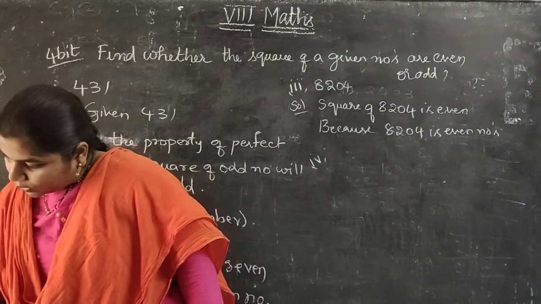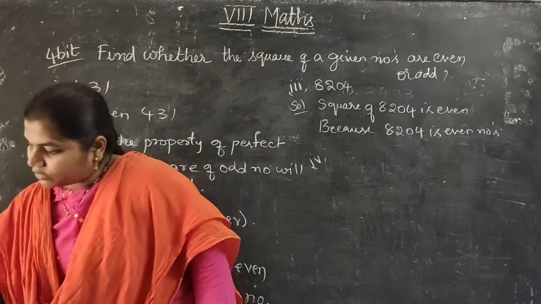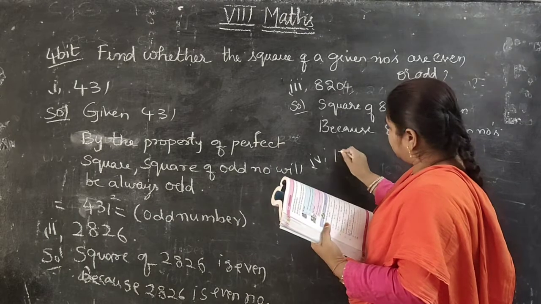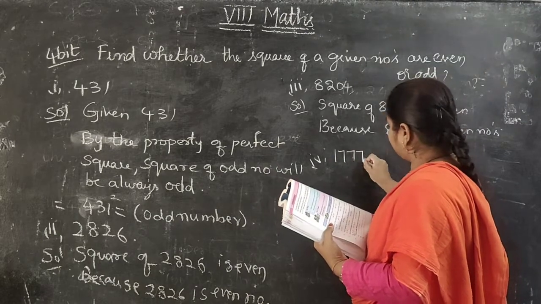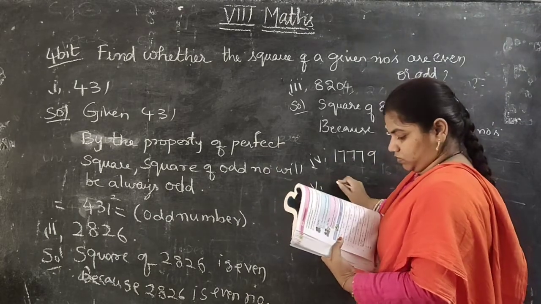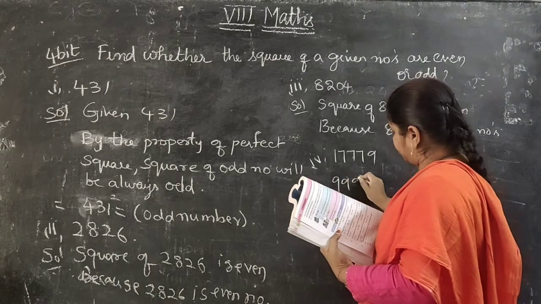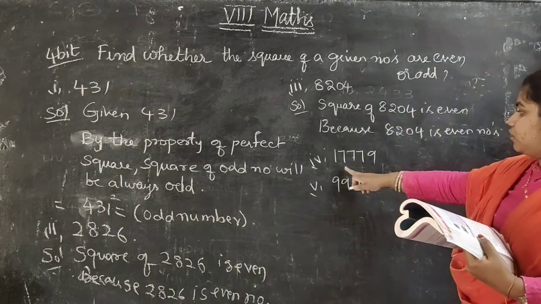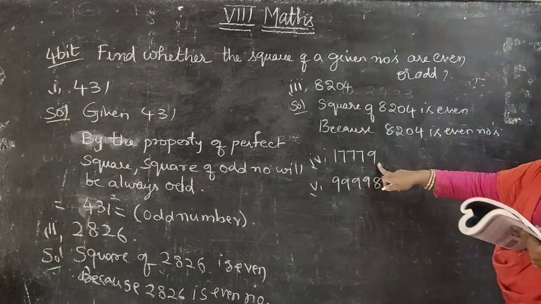Okay, the last ones. These last two problems you try as homework. The fourth one is an odd number because 9 is an odd number.